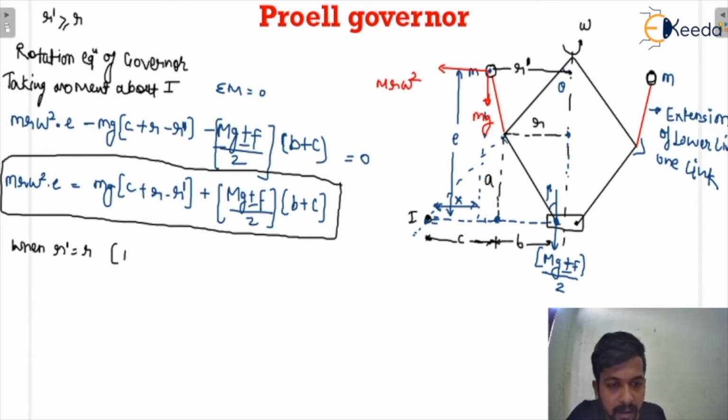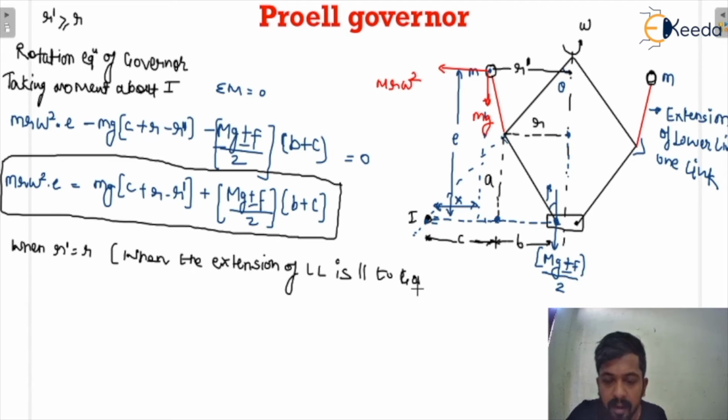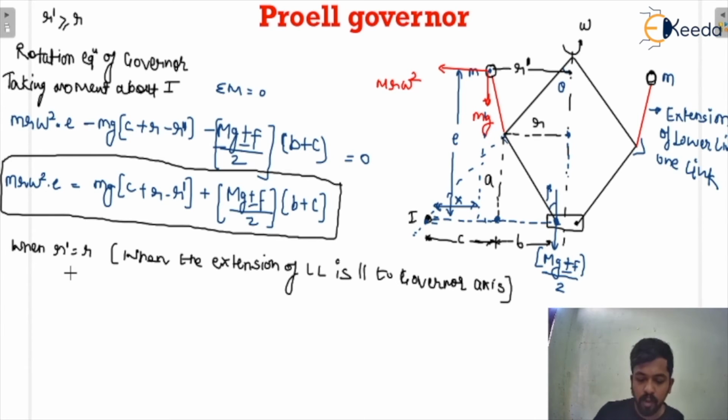So I'm just writing here: when the extension of the lower link is parallel to the spindle axis or governor axis.